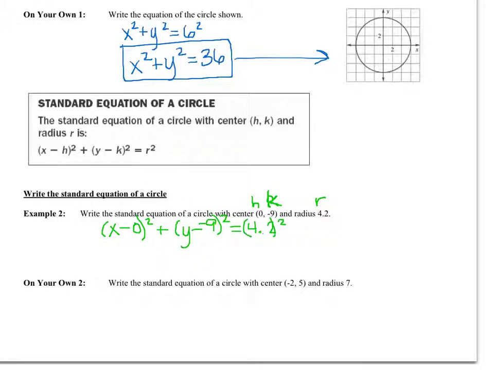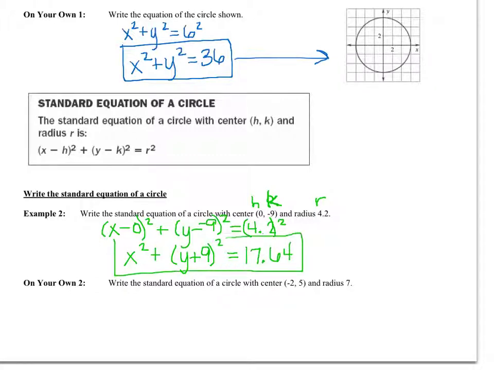And then just simplifying that, x minus 0 is just x squared plus y minus a negative 9 becomes y plus 9 squared equals 4.2 squared is 17 and 64/100ths. So here is my formula for the circle with a center at 0, negative 9 and a radius of 4.2.